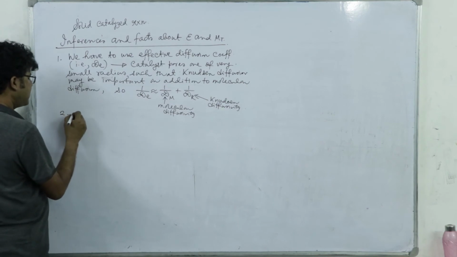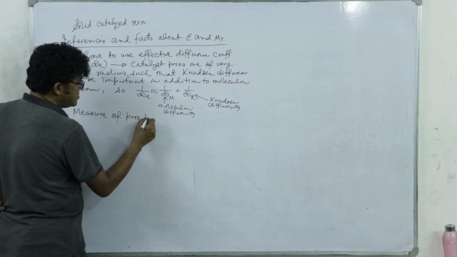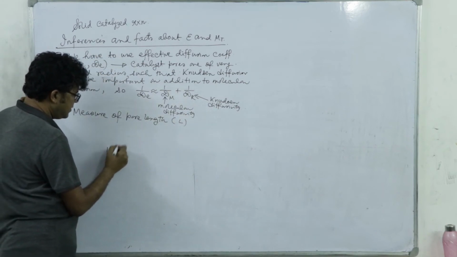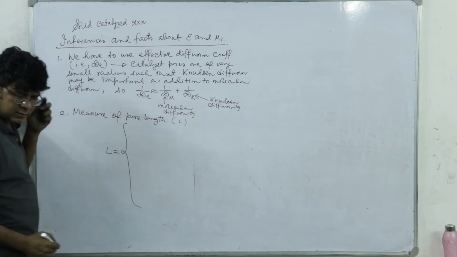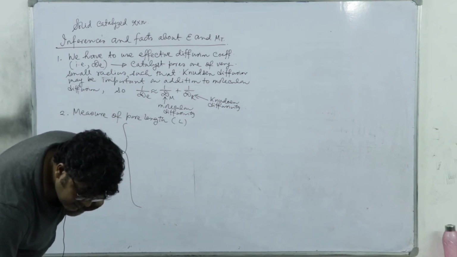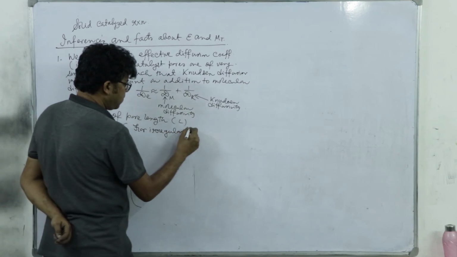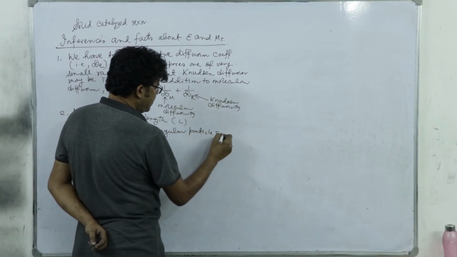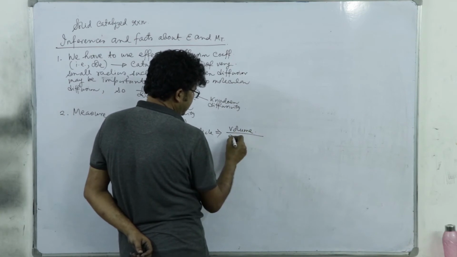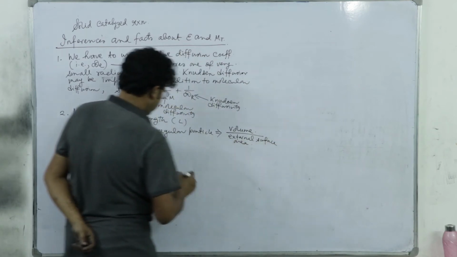Next, measure of pore length L. You see, L is equal to, for irregular particle, it's equal to volume divided by external surface area, right.